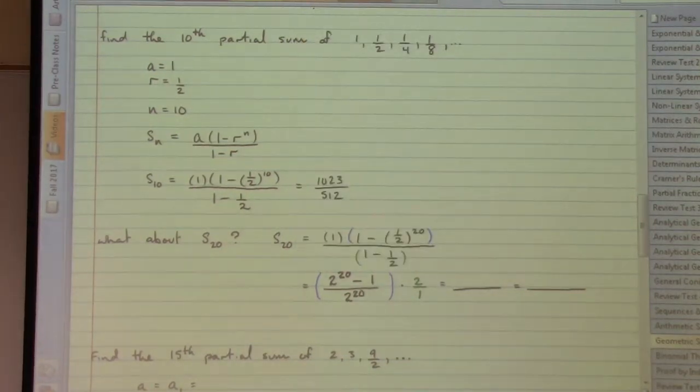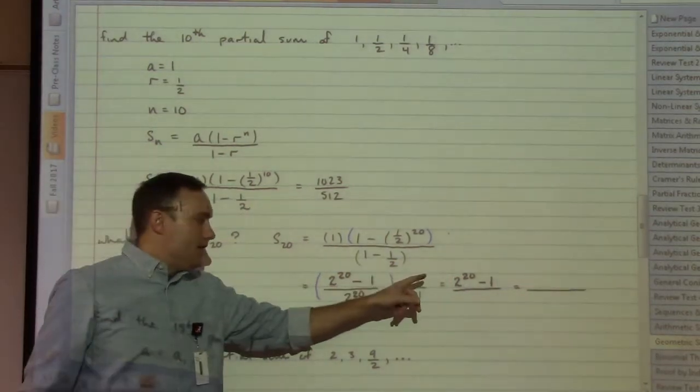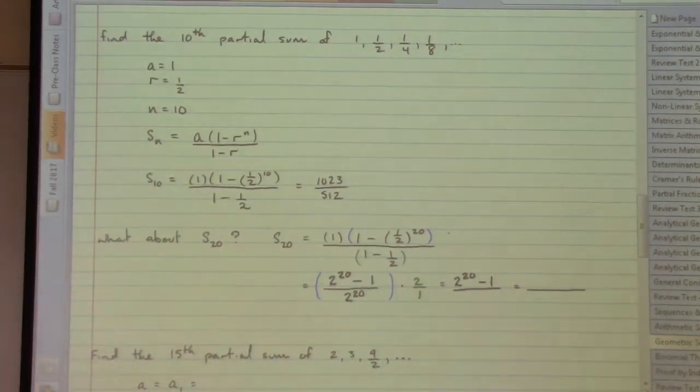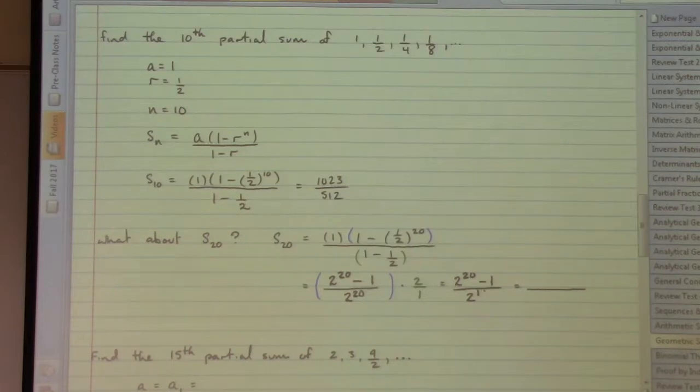Now, I can also be a little bit clever. 2 to the power of 20 minus 1 for my numerator. 2 on top, 2 to the power of 20 on the bottom. That means that there's a little reducing that would take place and give me a 2 to the power of 19 down there on the bottom.